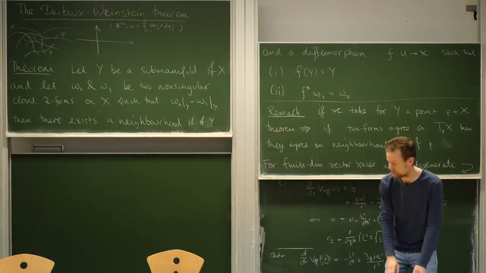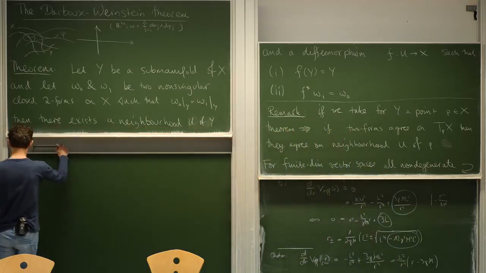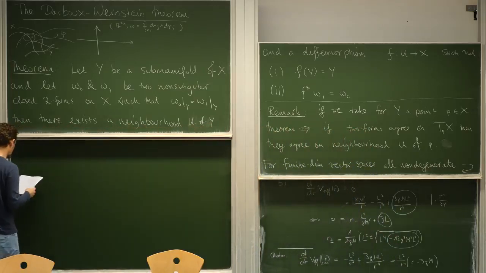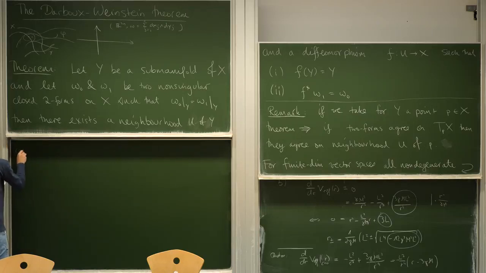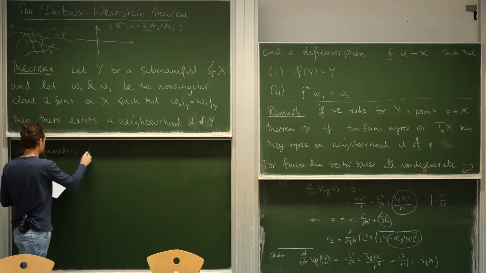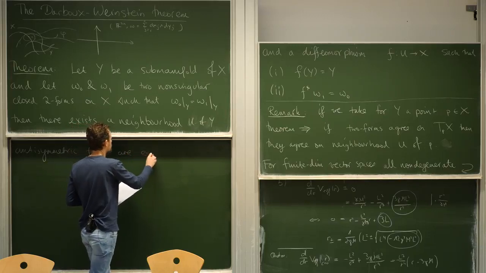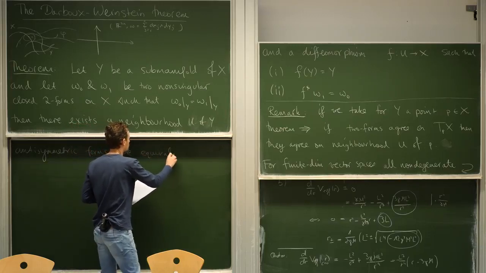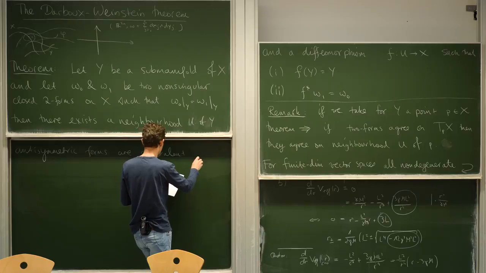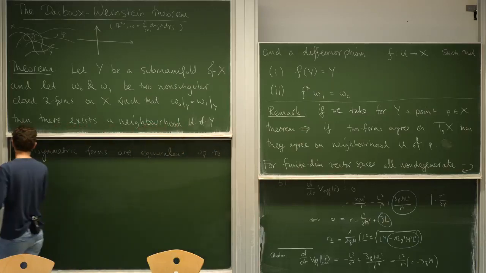For finite dimensional vector spaces, all non-degenerate two forms are equivalent, up to a linear transformation.